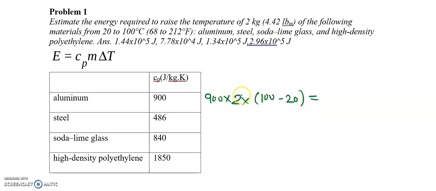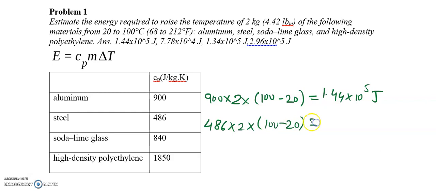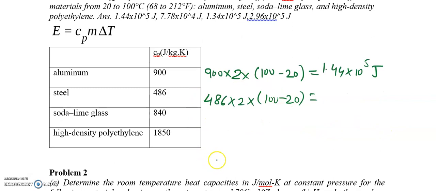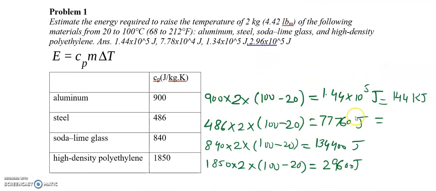So the value should be 1.44 times 10 to the power 5 joules. Similarly for steel, it will be 486 times 2 times (100 minus 20), and then we can get the value. Therefore these will be the amounts of heat in joules.